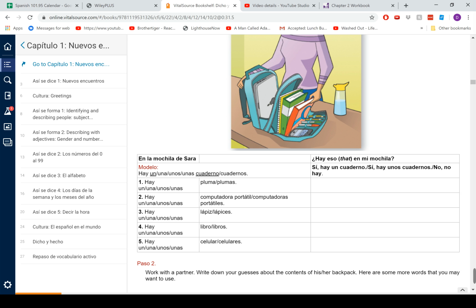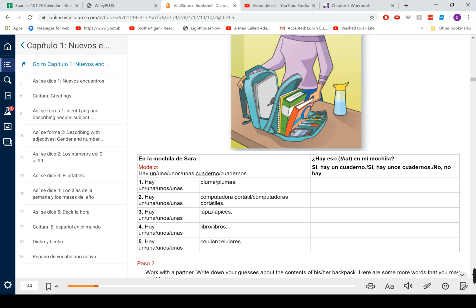Oh, wait, is that a book? Yeah, that's one book. Never mind. There's only one book. Well, is that a book? That looks more like a binder. Let's say there are 2 books. Sí, hay unos, there are some books, libros.